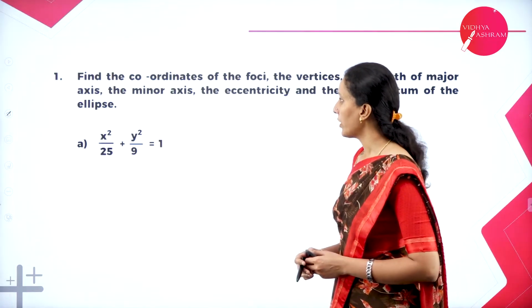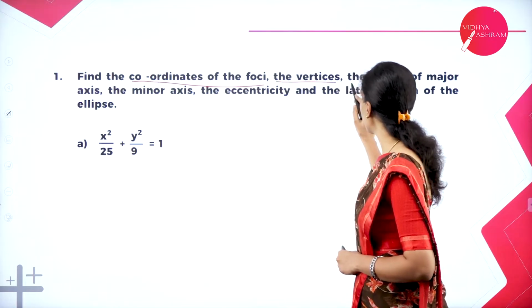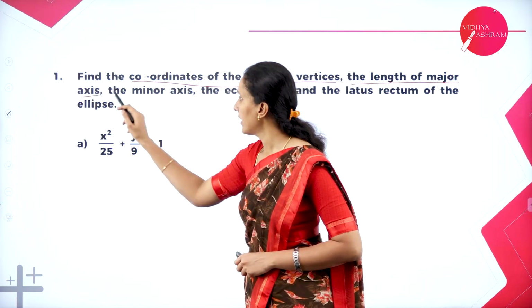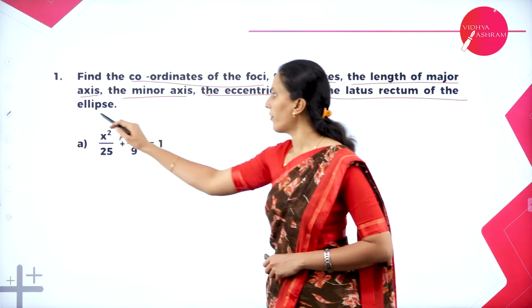So, here we have a question. Find the coordinates of the foci, the vertices, the length of the major axis, the minor axis, the eccentricity and the latus rectum of an ellipse.